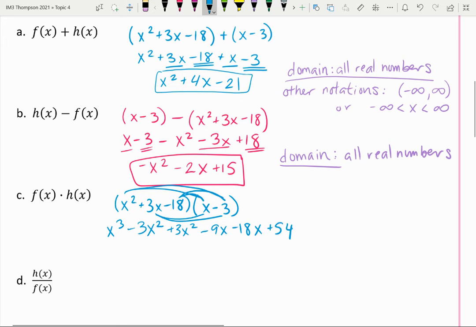And then I just look for like terms. So I have a minus 3x squared plus 3x squared. Well, that's going to cancel. Minus 9x minus 18x gives me a minus 27x, and then a plus 54 at the end.